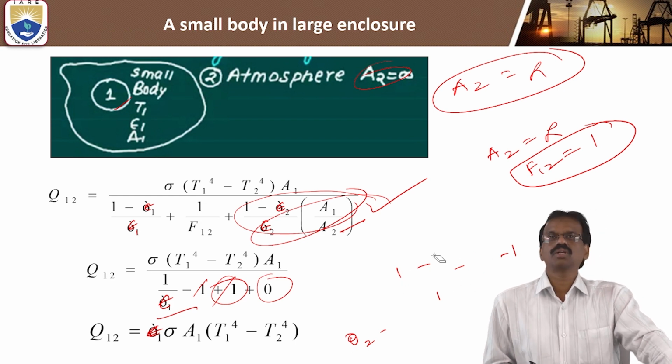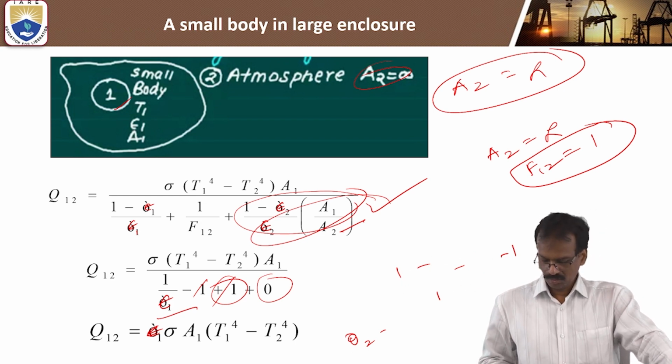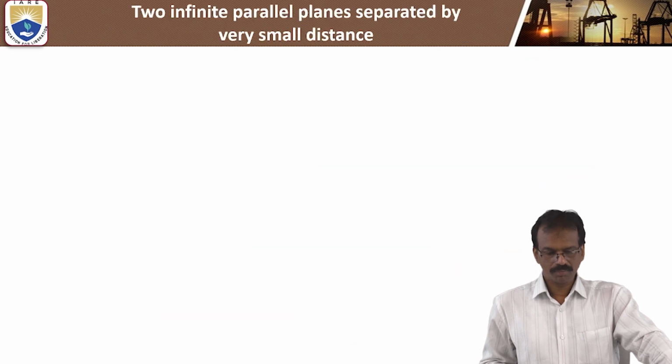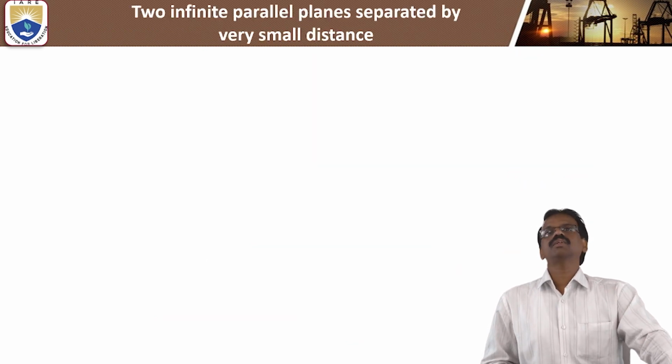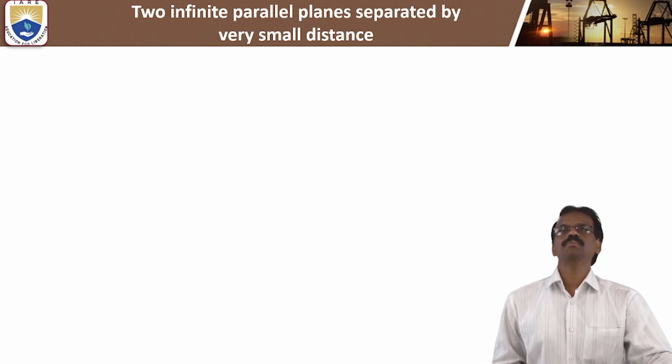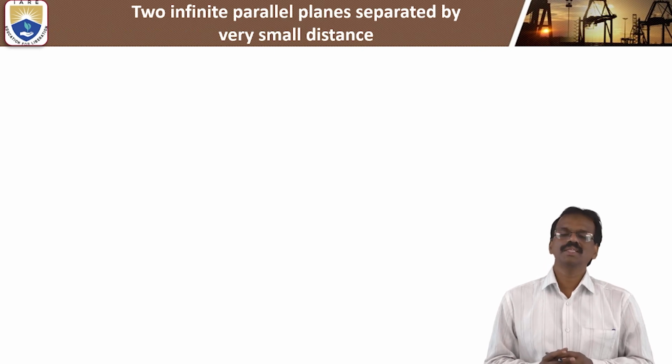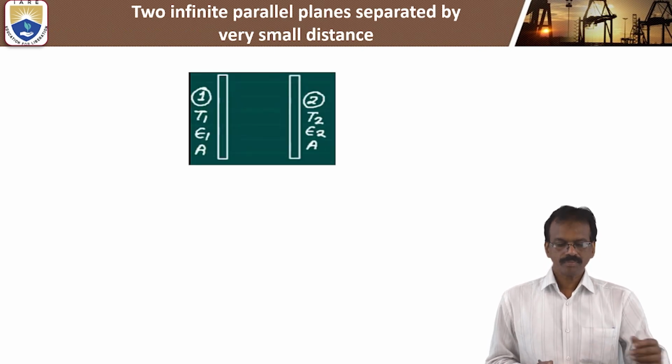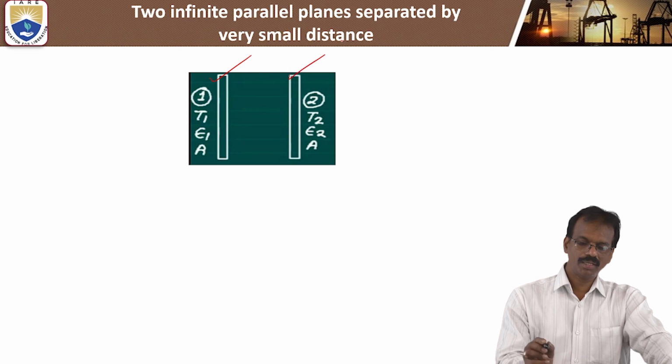So this is one more case. We'll see other cases also. Now we'll see the heat transfer between two infinite parallel planes separated by a small distance. These are the infinite parallel plates.